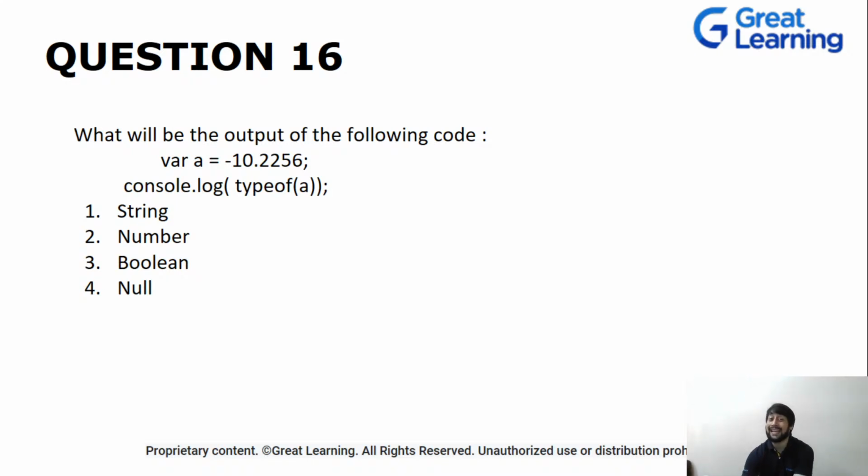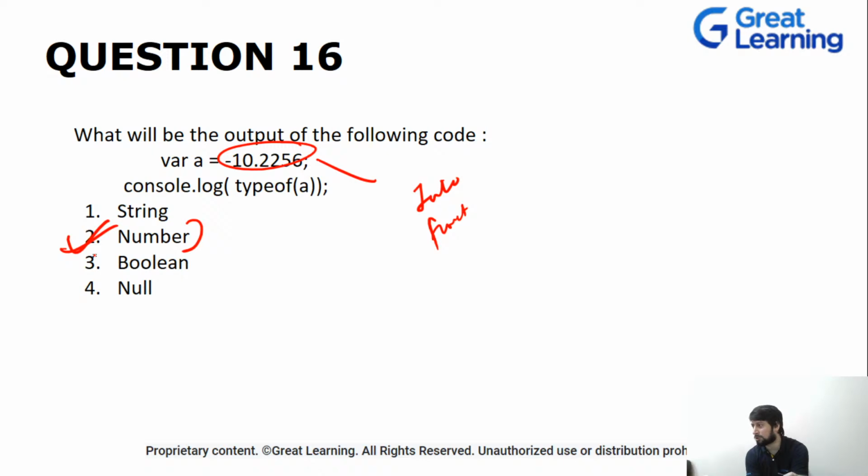Over here, you can see that a is a number. So the correct option is that this will be a number. As I told you earlier, all the integers and all the floating point numbers fall under the number data type. So the correct option is 2, not 3.